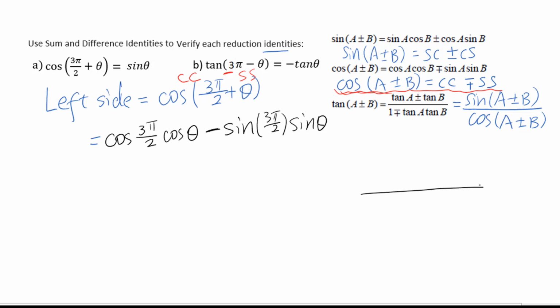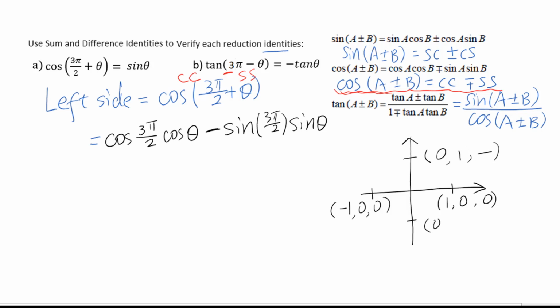What's the value for cosine 3 pi over 2? We will draw this coordinate plane. Here we will get the coordinate 1, 0, then 0. Here it's -1, 0, 0. For this part, it's 0, 1, undefined. This one is 0, -1, undefined. For the unit circle, this is a CST.